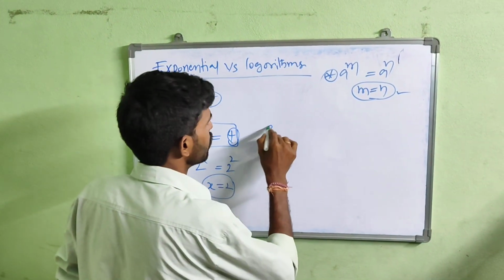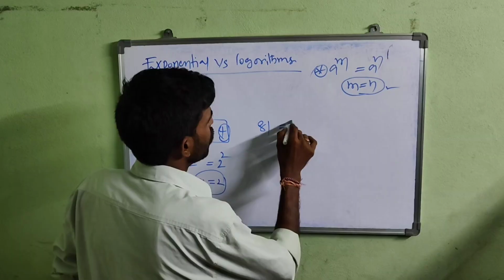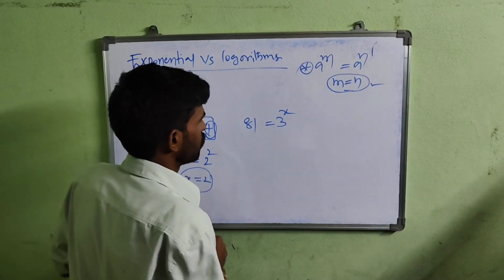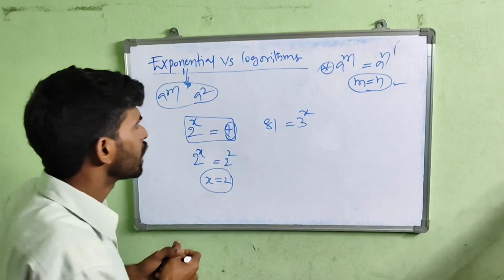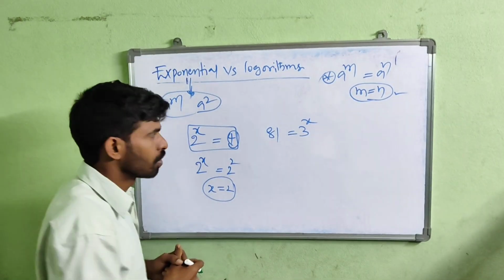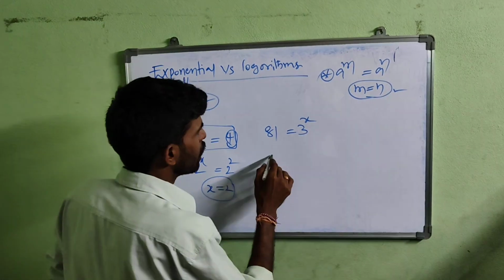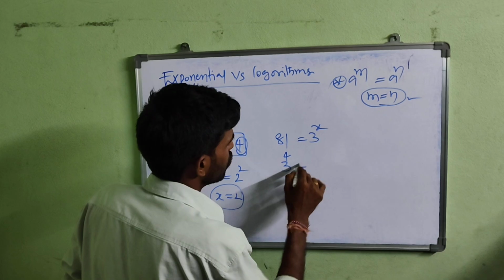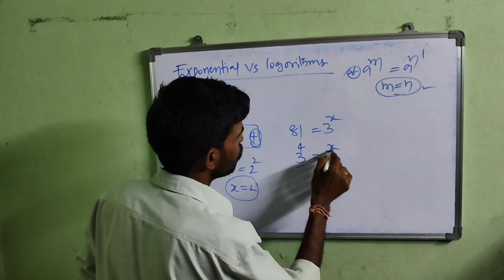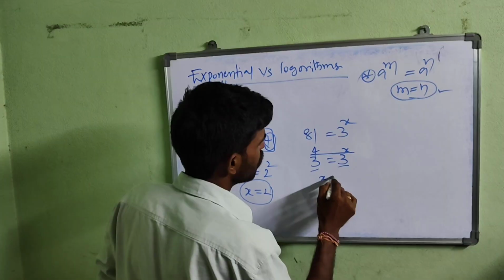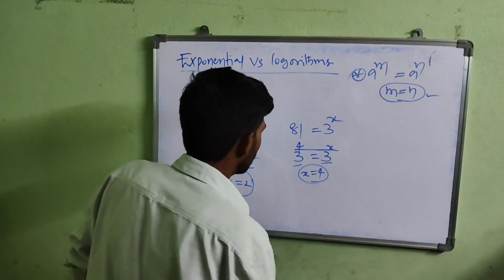For example, another thing is 81 equal to 3 power x. What is the value of x? These all are related to exponentials. Okay, 81 we can write as 3 power 4 equal to 3 power x. Where bases are equal, powers also equal. So x equal to 4.